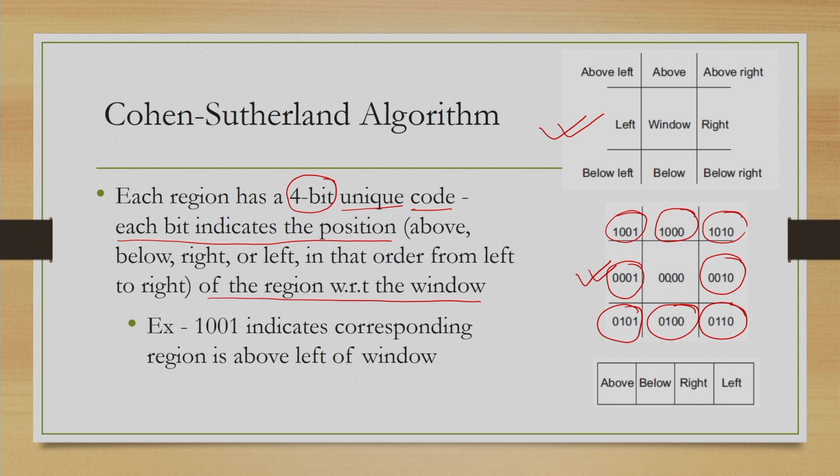The central region or the window is represented by all zeros.